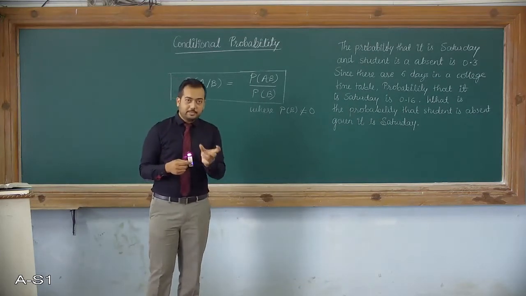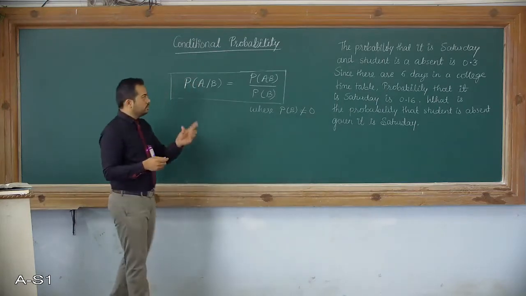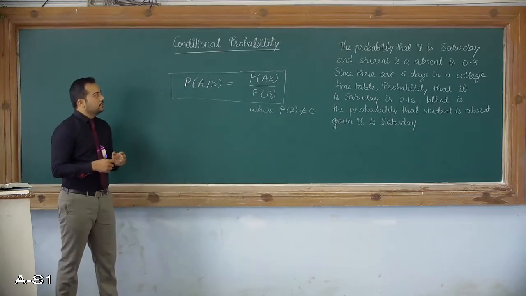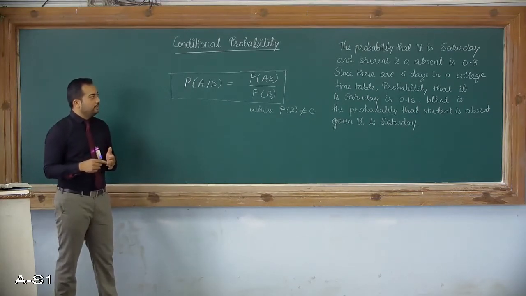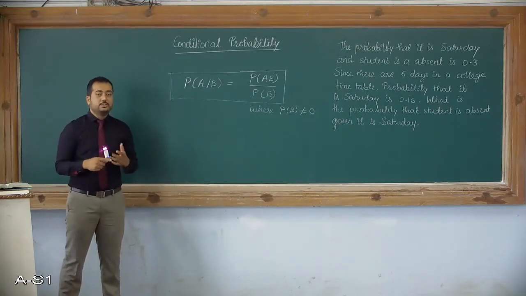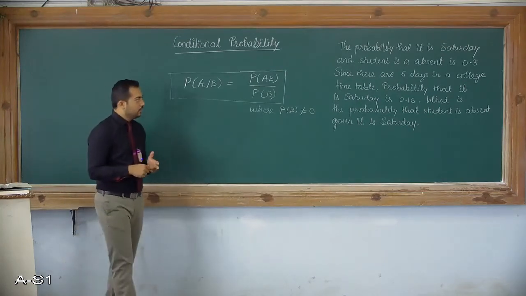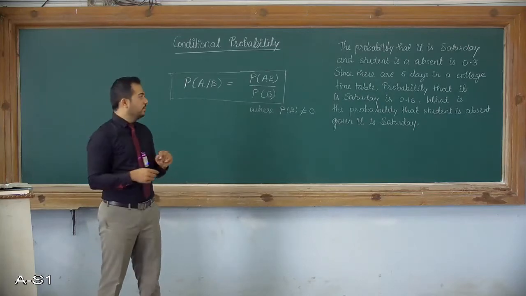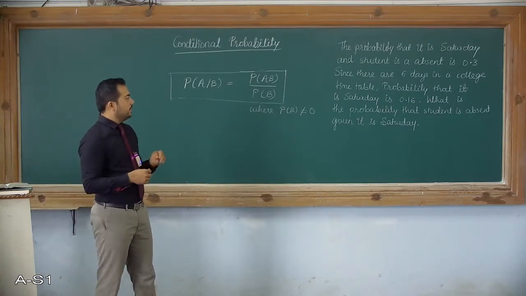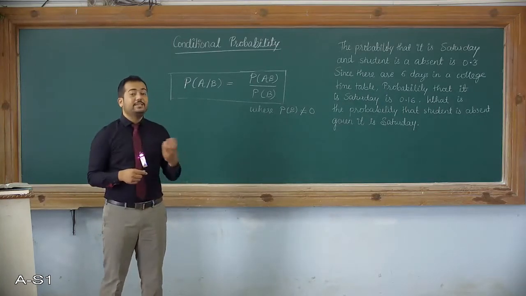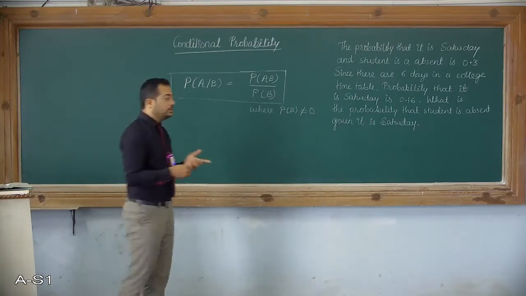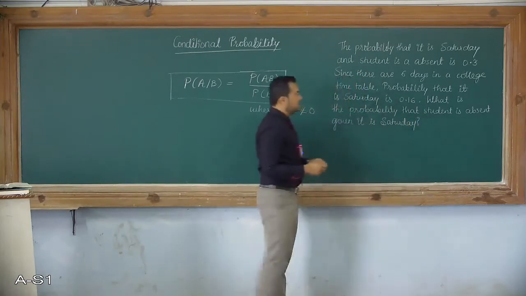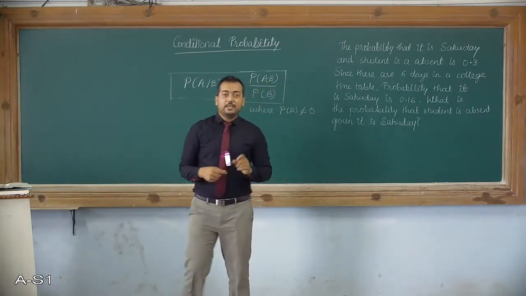So it's the multiplication rule, the probability of two events together. Since there are 6 days in a college timetable, the probability that it is Saturday is 0.16. This 0.16 is the probability of only one event. Then what is the probability that the student is absent given that it is Saturday? That is the probability we need to find.